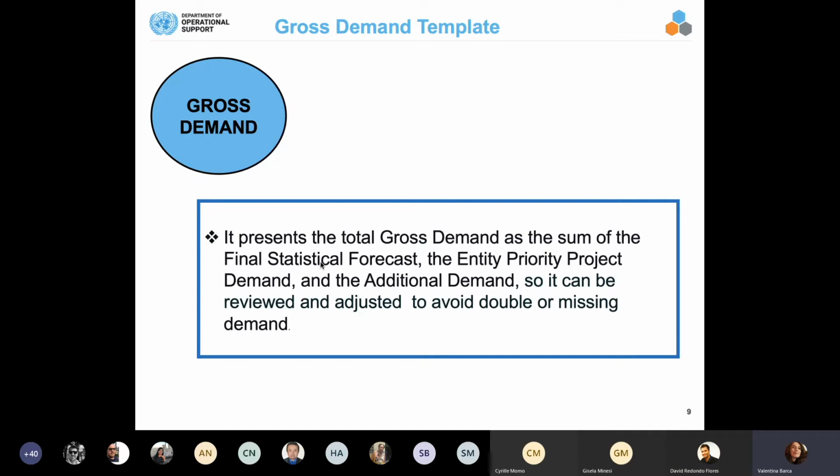We know already very well that the gross demand is the result of the addition of the final statistical forecast, the entity priority project demand, and the additional demand. So this template will allow the planner to finally adjust, if they missed the opportunity to do this early, to avoid double or missing demand.